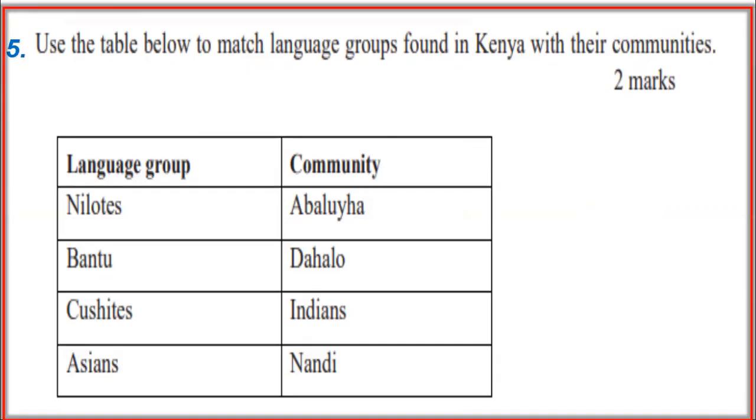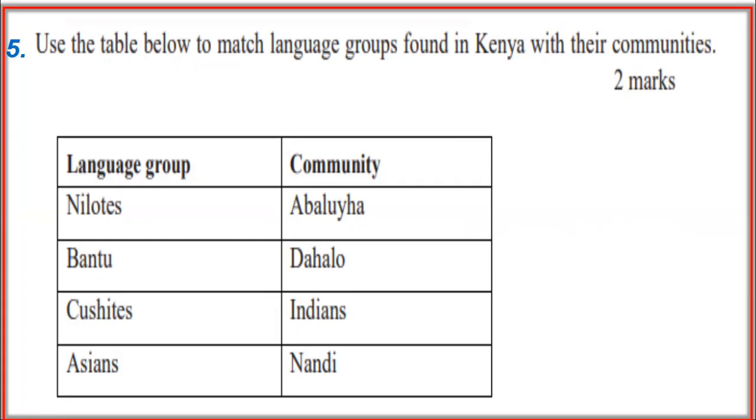When I move to number 5, number 5 says, use the table below to match language groups found in Kenya with their communities. Language group here, we have Nilotes. We have Bantus, we have Kushites and Asians. We usually say the Nilotes came from Bahr el Ghazal, the River Lake Nilotes. We have plain Nilotes and the Highland Nilotes, who are farmers.